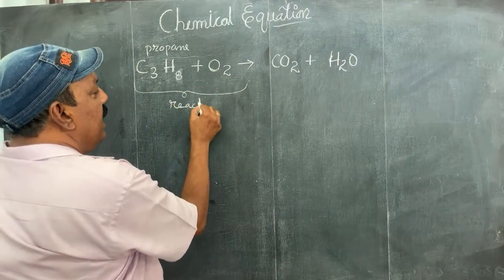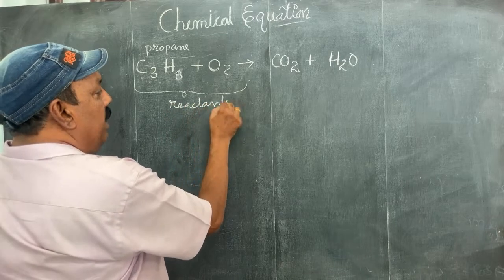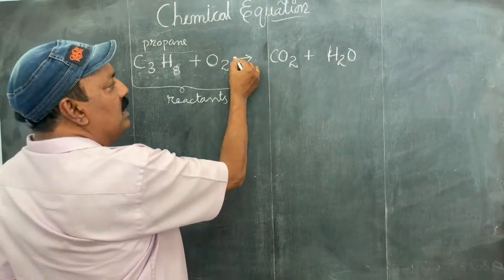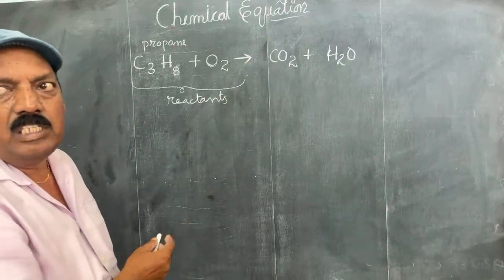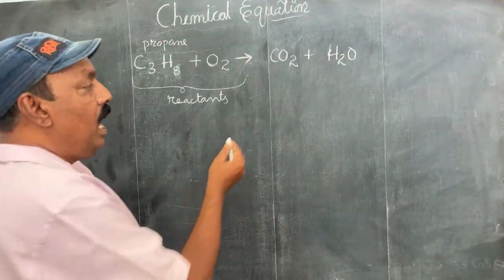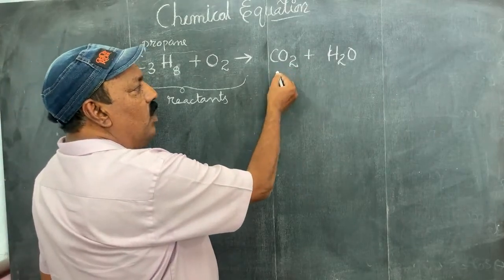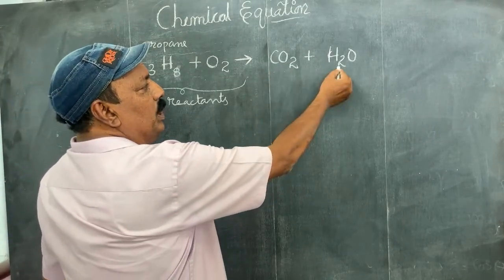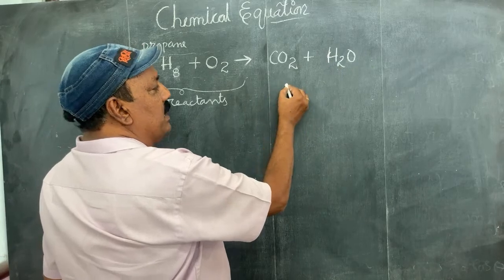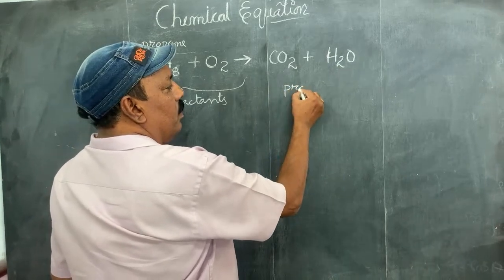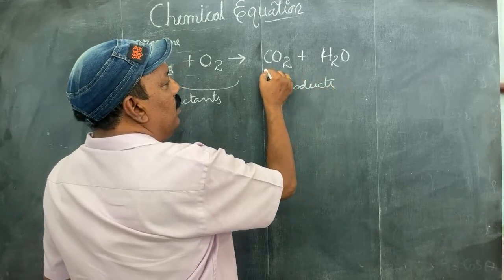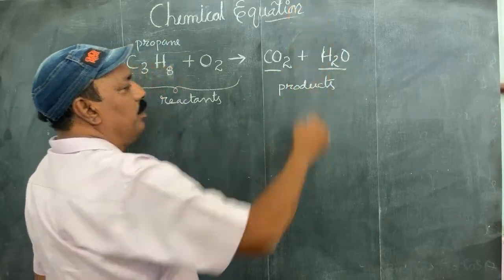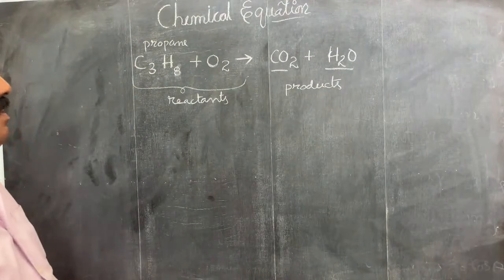The arrow mark is called gives rise. Whatever results we get, these two compounds, we call products. So carbon dioxide and water are the products of this chemical equation.